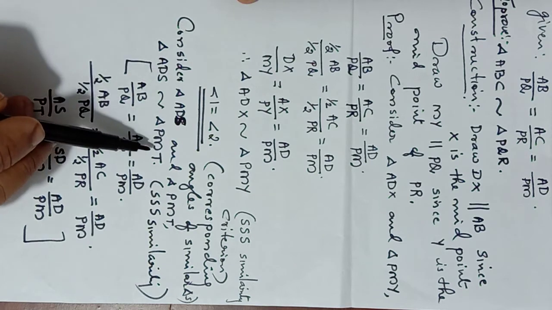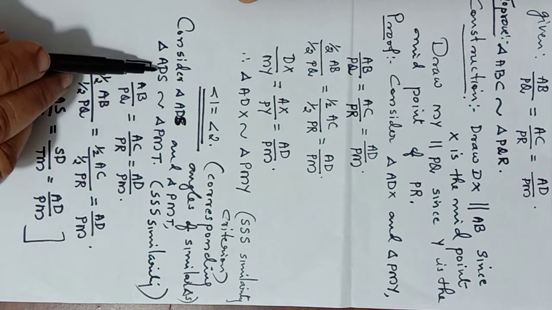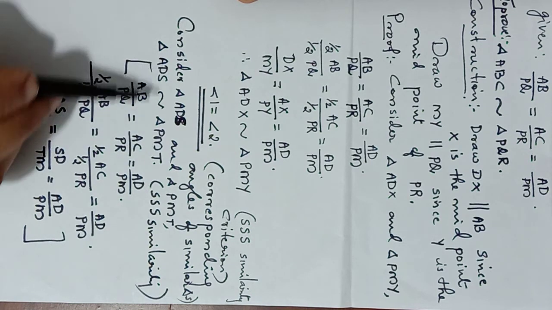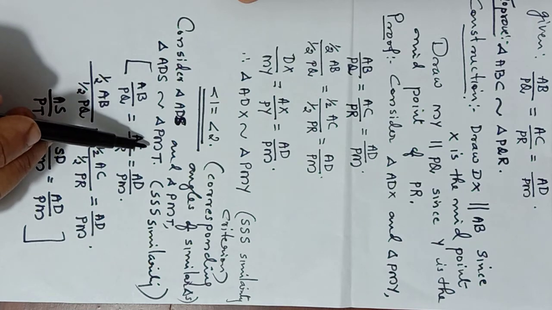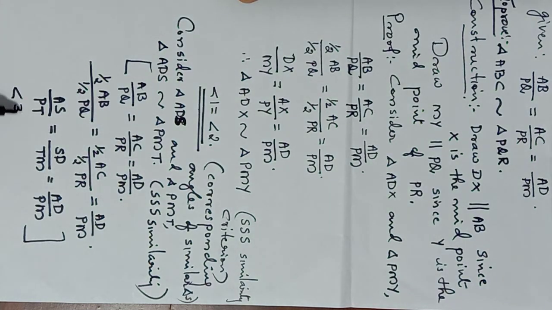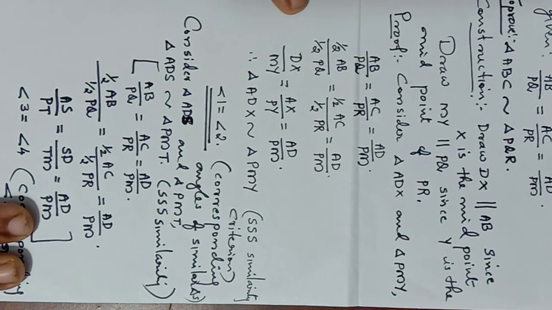So if it is similar, we can say that angle 3 of ADS equal to angle 4 of PMT. Angle 3 is equal to angle 4. Let us mark it. So let us write the reason. Corresponding angles of similar triangles. Okay, corresponding angles of similar triangle.